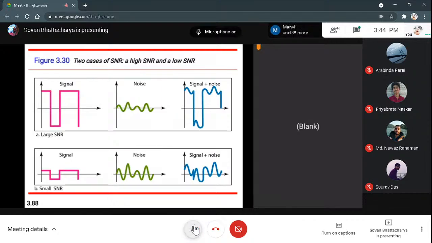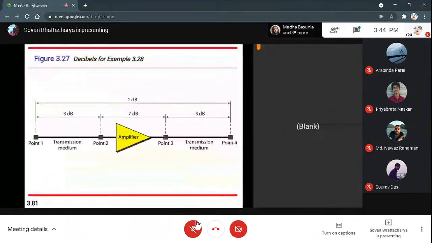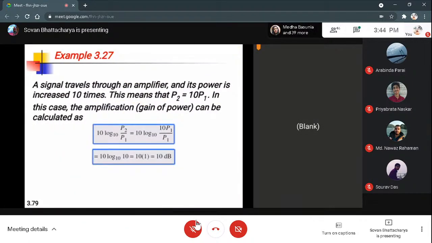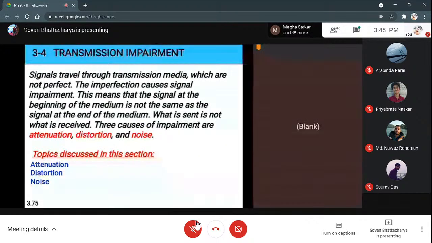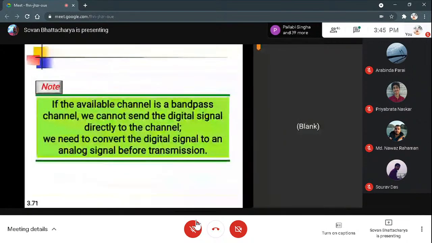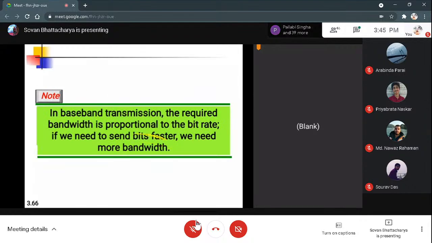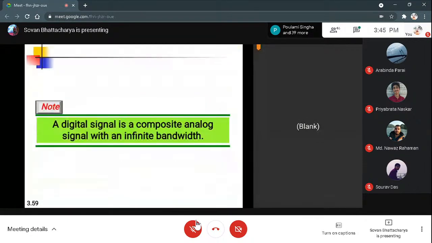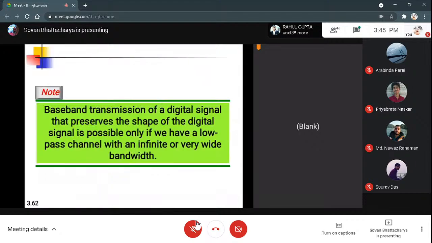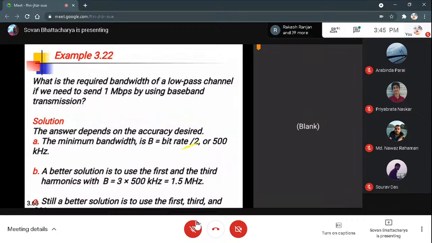There are so many problems, and you try to practice them. These will be easy problems, not hard problems. If any doubt or question arises, you mark it, and in the next class I will solve this.